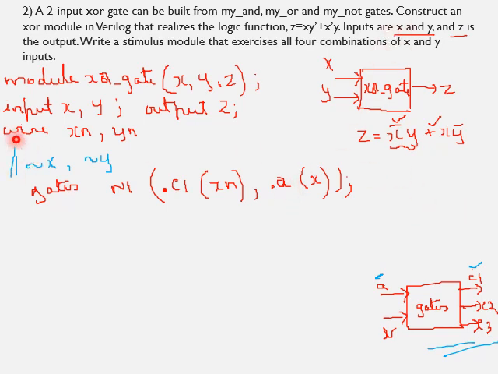So similarly, I have to find for the NOT of y. So gates n2 dot c1 yn dot a y. So this gives me NOT of y.